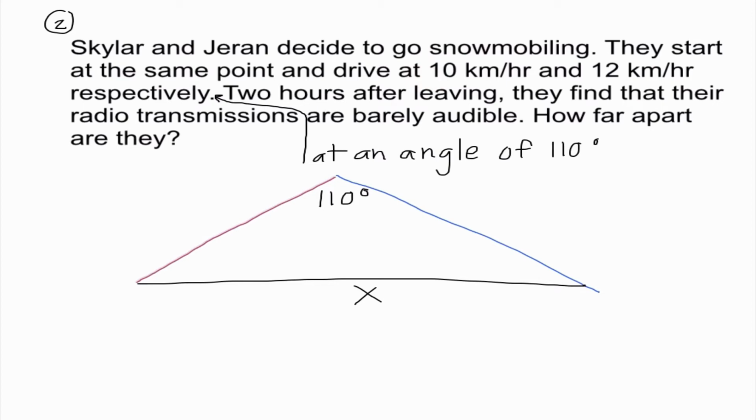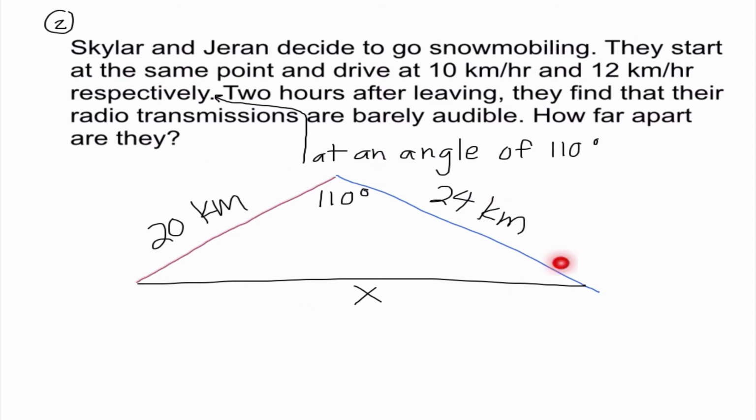And I know that if they've been traveling for 2 hours, if Skylar's traveling at 10 kilometers per hour, she must have gone 20 kilometers. And if Jaron was traveling at 12 kilometers per hour, she must have gone 24 kilometers.